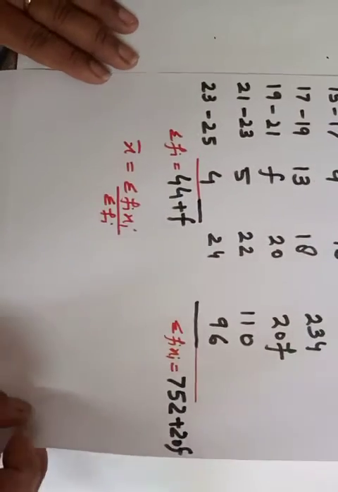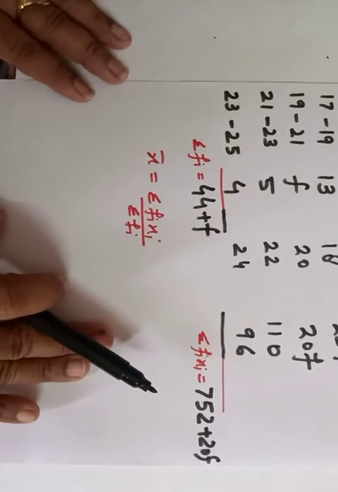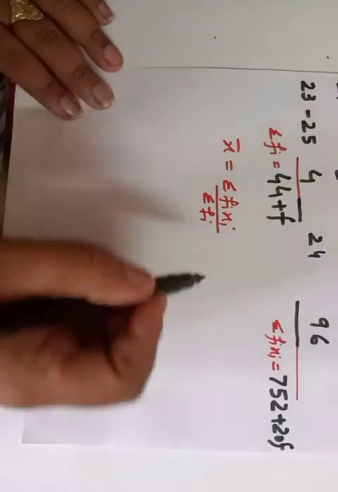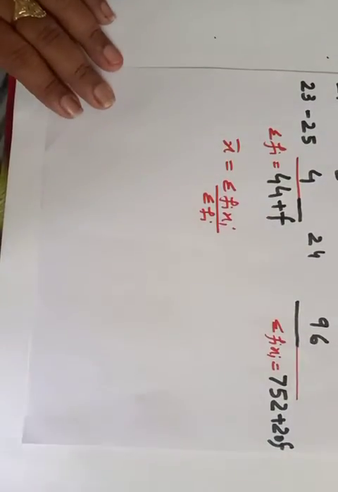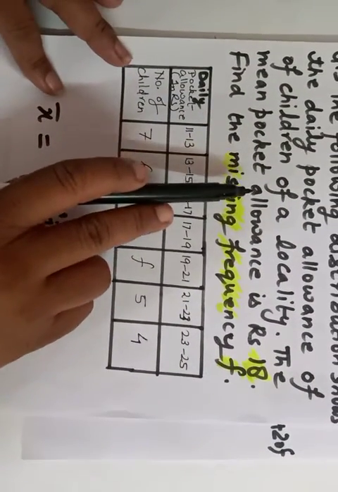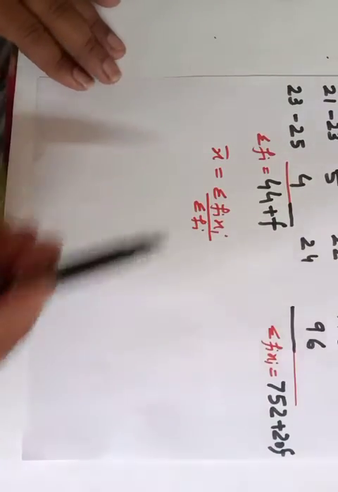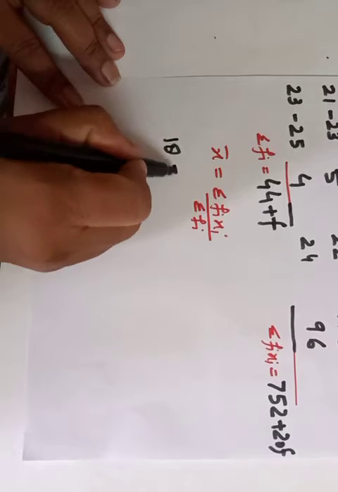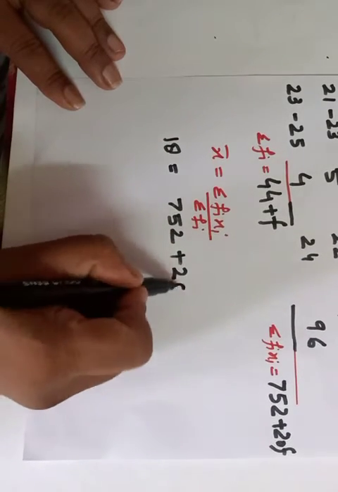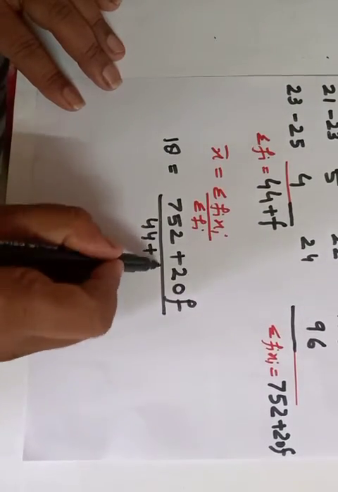So we have got sigma fi xi and sigma fi. We need to put the values in the formula. The x bar is already given to us. The mean pocket allowance is rupees 18. So we will write 18 is equal to 752 plus 20f upon 44 plus f.